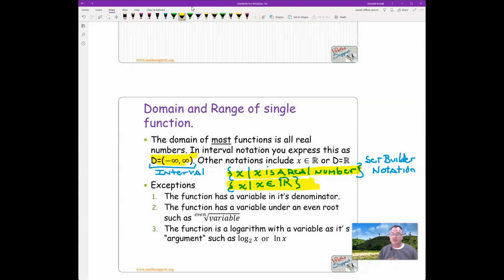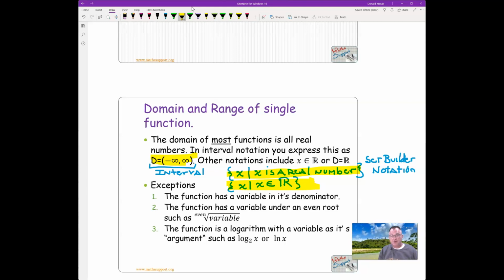The second thing is, does the function have a variable under an even root? So even would be like a square root or fourth root or sixth root. And then the last one is the function is a logarithm and it has a variable as its argument.